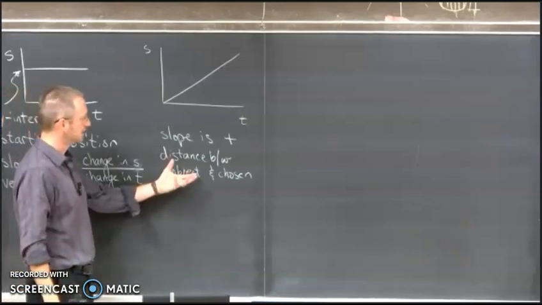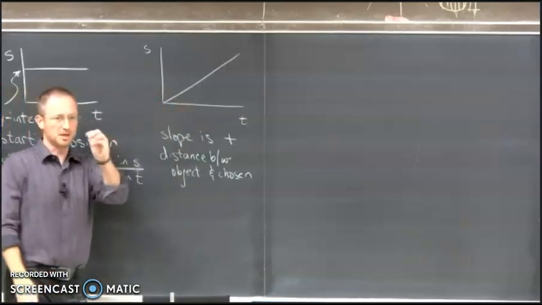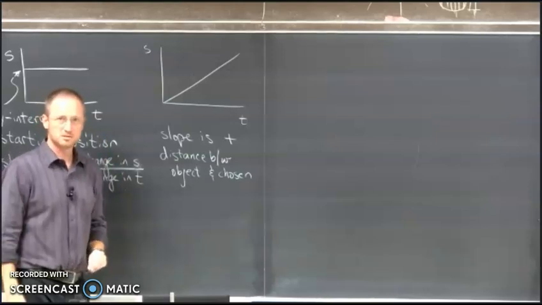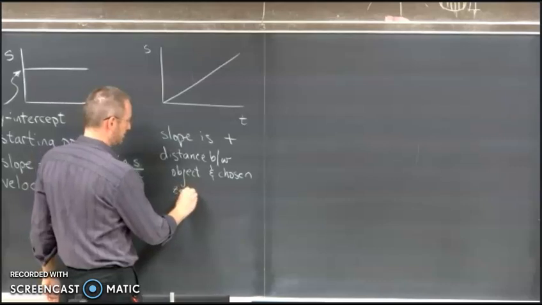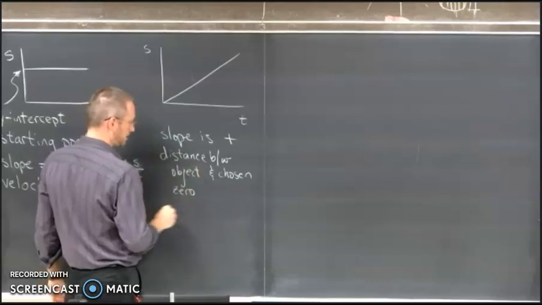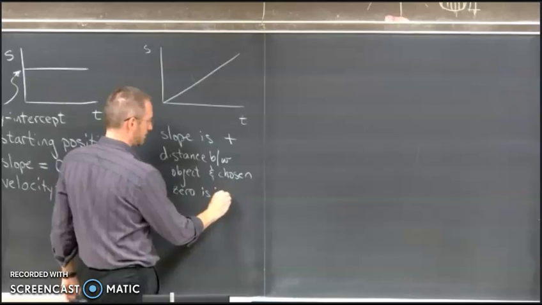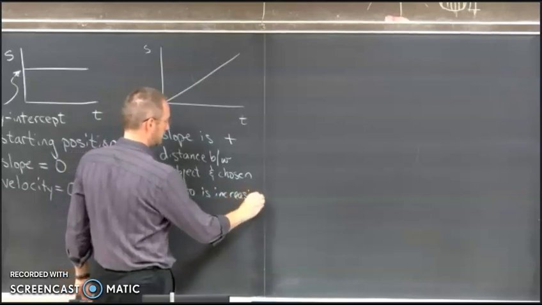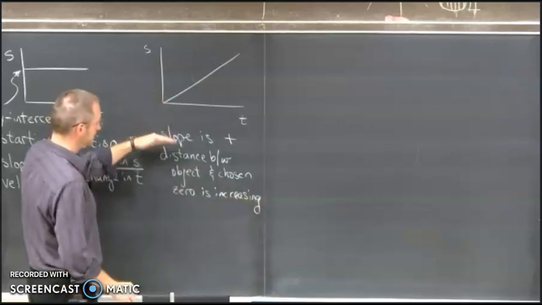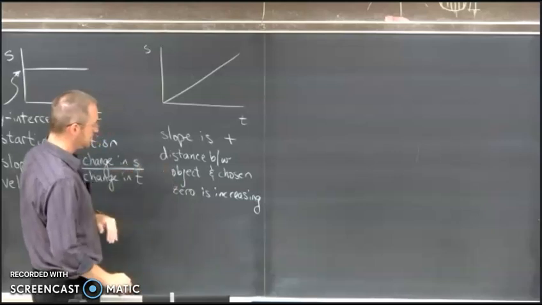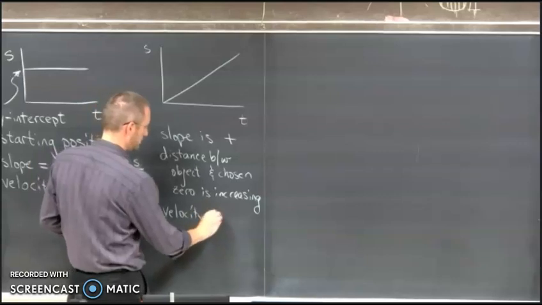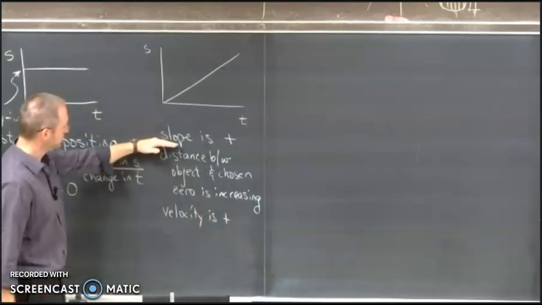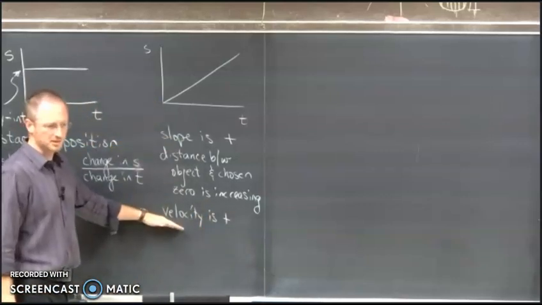So you've chosen the position to be a particular place, to be 0, to be measured from. So the distance between the object and the chosen 0 is increasing. If the slope is positive and the distance between them is increasing, that means the velocity is going to be positive also. Because whatever is going on with the slope, that's what's going on with the velocity.